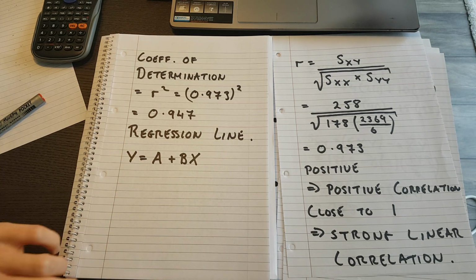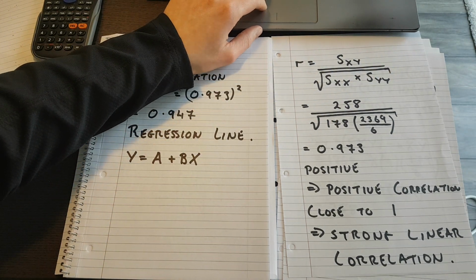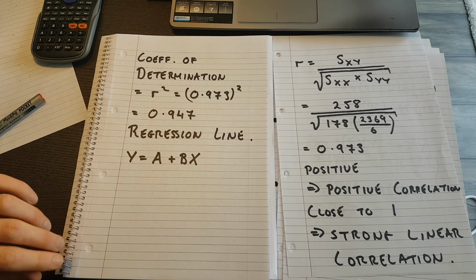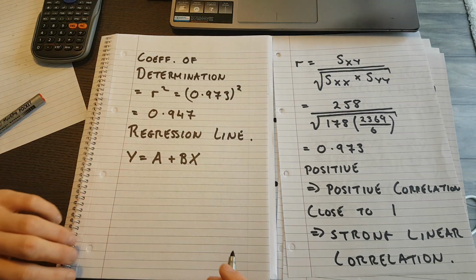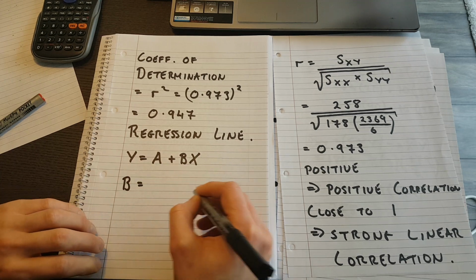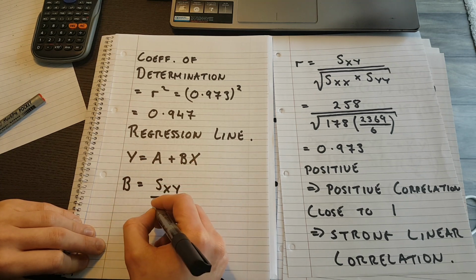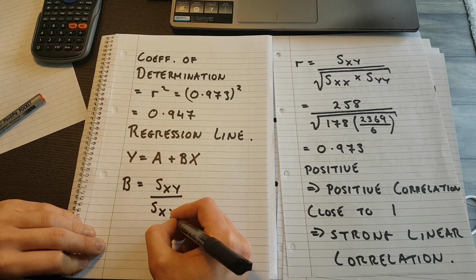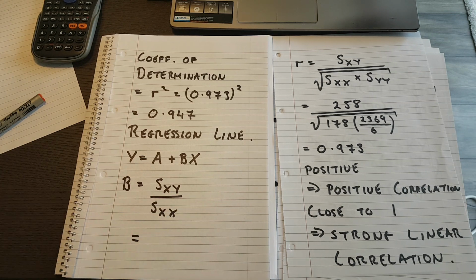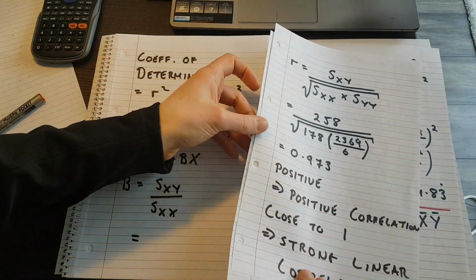And I have a formula for B. The formula for B is relatively simple and straightforward. The formula for B is now S of X with Y divided by S of X with X. And of course I have this information worked out already.